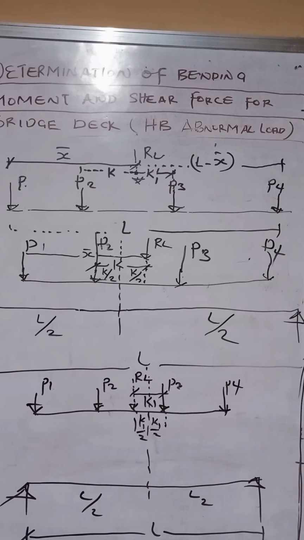Whichever gives you the maximum moment becomes the one to be taken as the maximum moment on the beam.